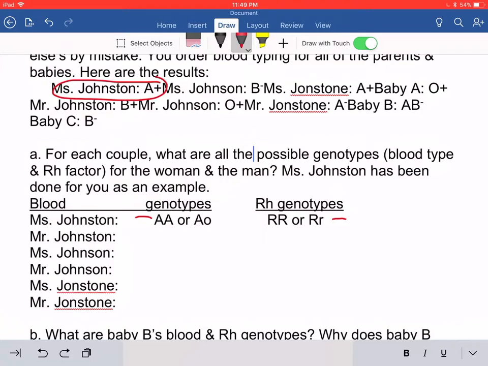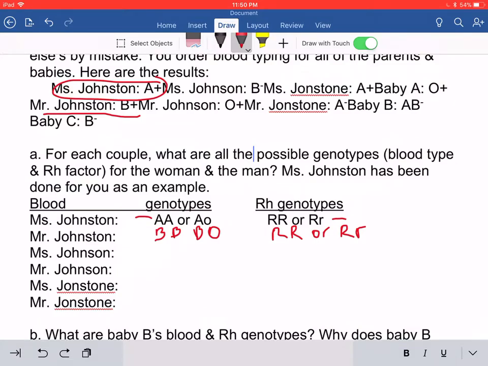All right, let's look at Mr. Johnston, which is right here. So he is B plus. So we know that he can either be big B, big B, or BO. And because he is positive for the R, he can be either big R, big R, or big R, little r, okay?